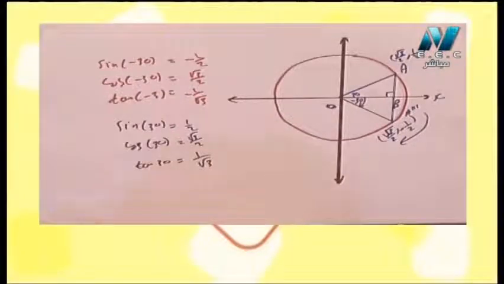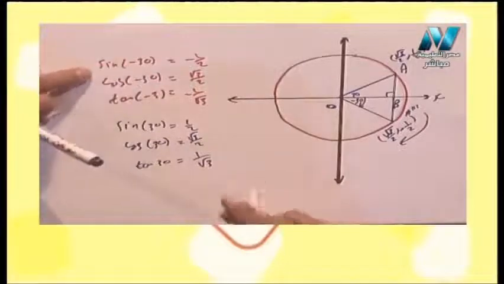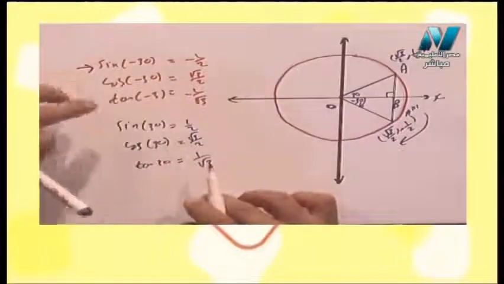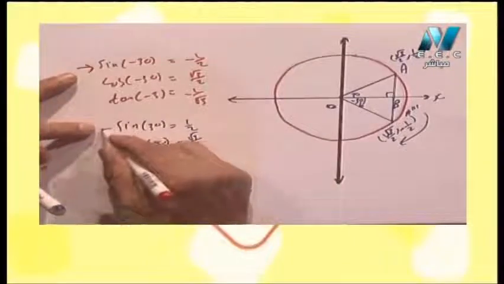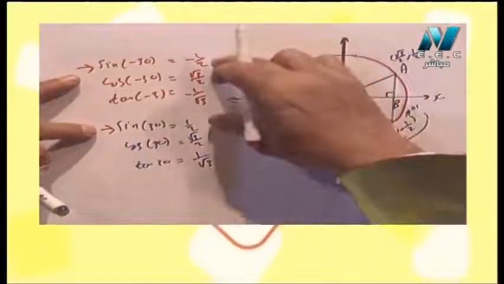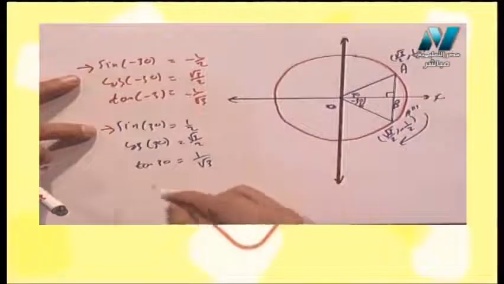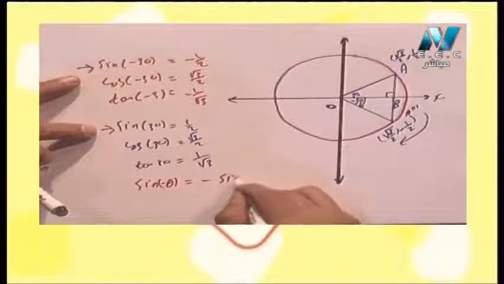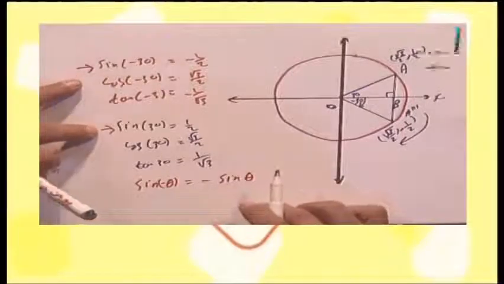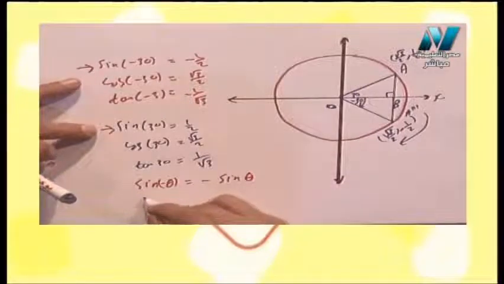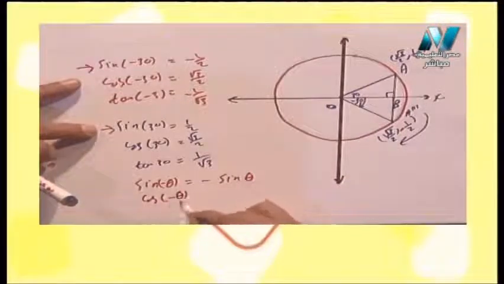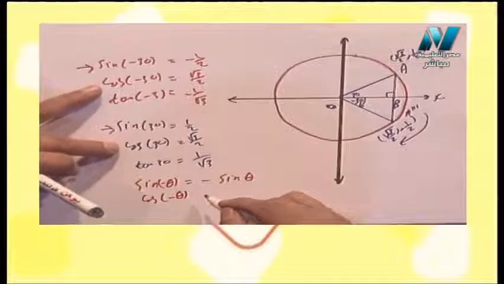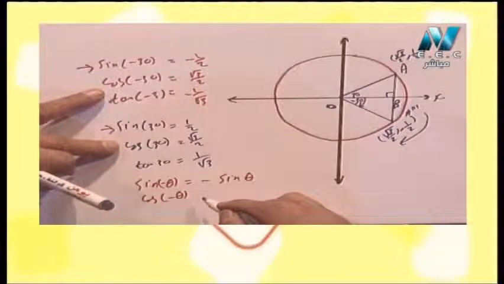Compare them. You will find that sine negative 30 here equals what? Equals negative sine. They are different in sign. So sine negative theta equals negative sine theta. We will generalize it for the time. And cosine negative theta, compare these two angles, it's the same.